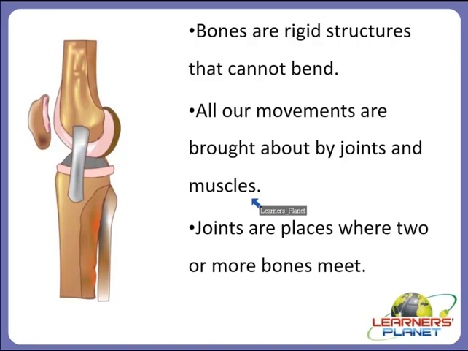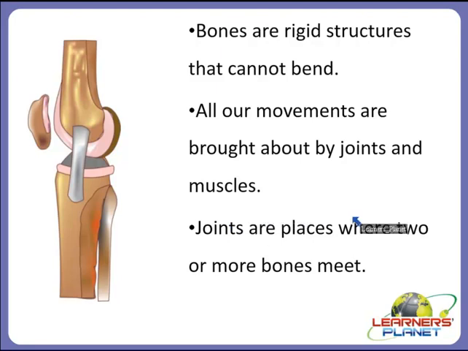Bones also play a very important role in the movement of the body parts of the human being or any other organism. All our movements are brought about by joints and muscles.